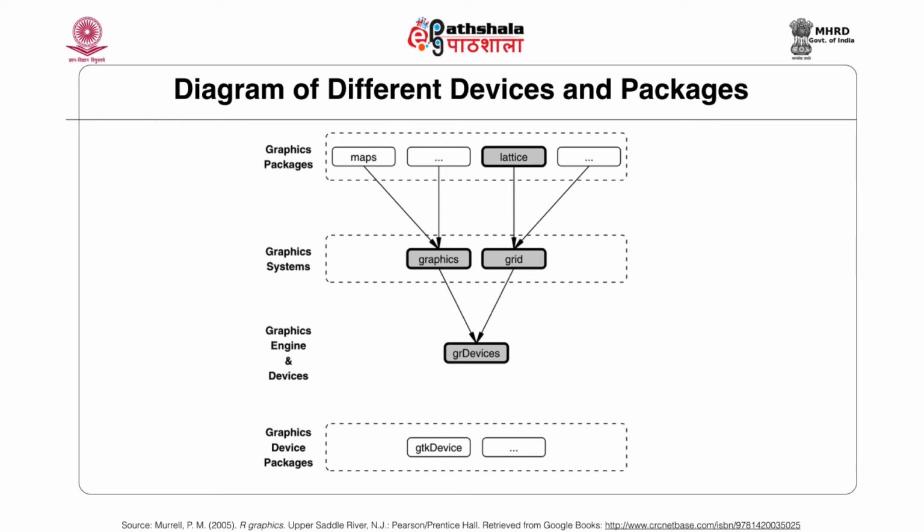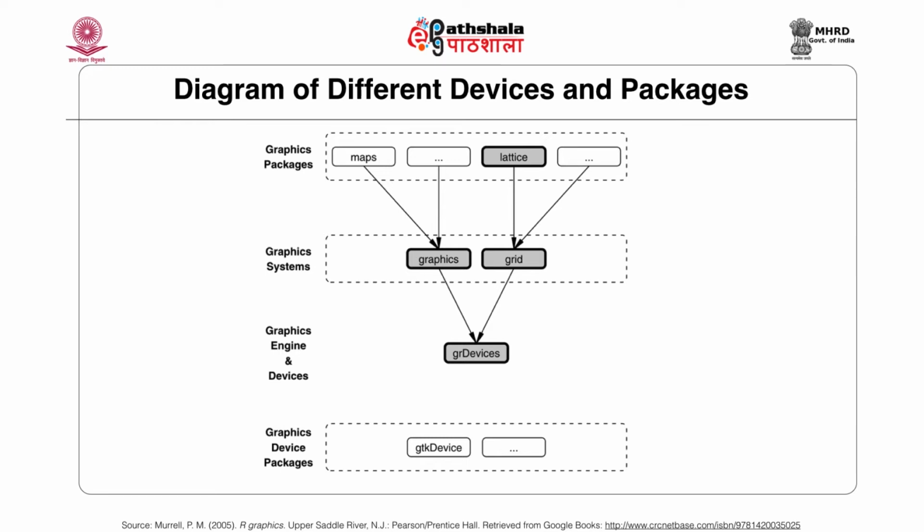We will be focusing on the inbuilt graphics system, the grid system, and lattice, which is built on the grid system. The graphics and grid systems are in turn mapped onto the different graphics devices that are opened from time to time.